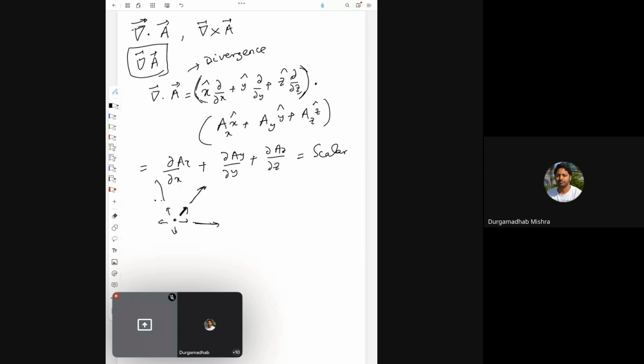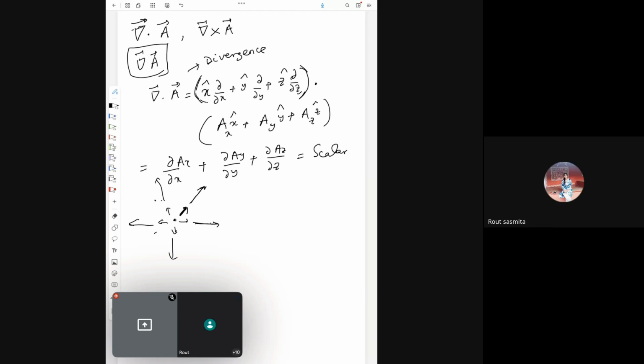Here the vector is small, and here the magnitude is more. This is the kind of vector I am talking about, this A vector, for example. It is spreading out from this point. Now if I do this del dot A on this, I'll have a finite divergence.